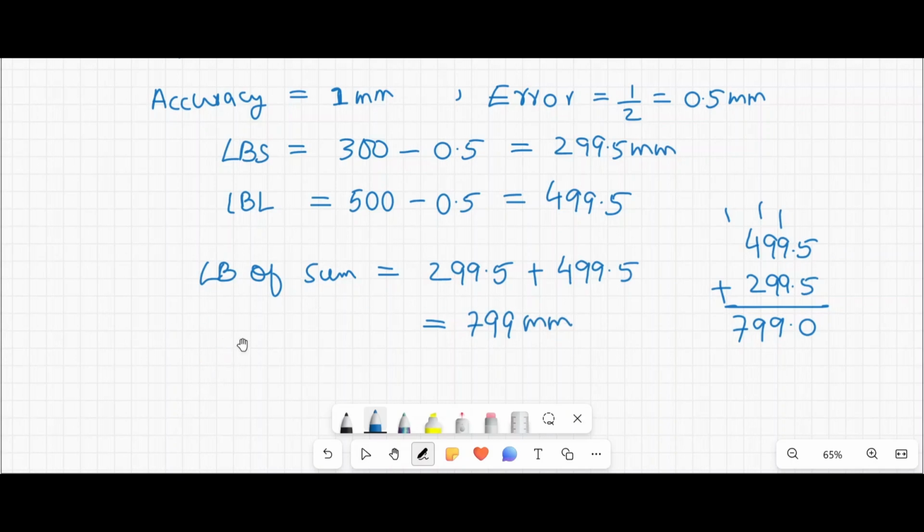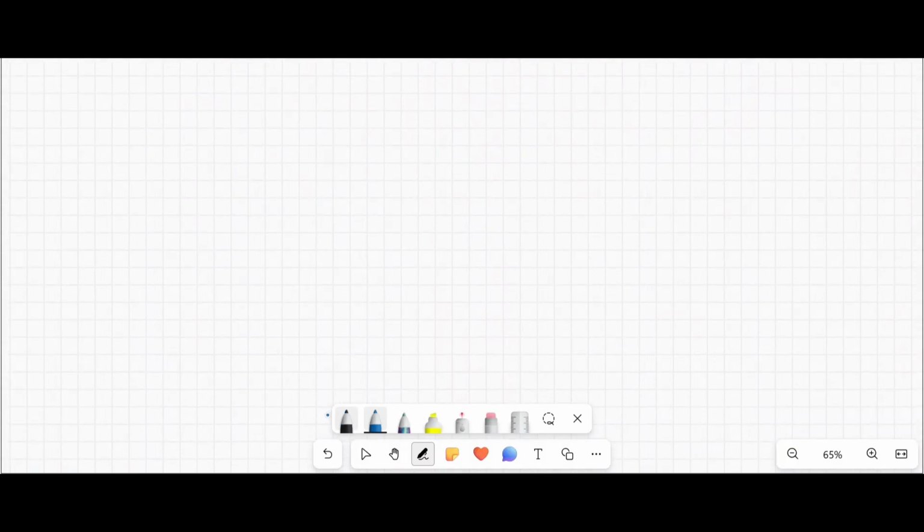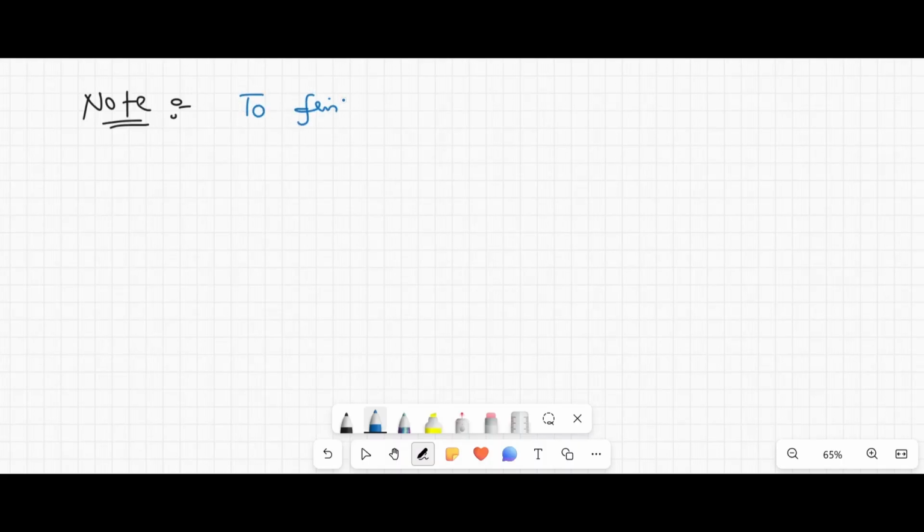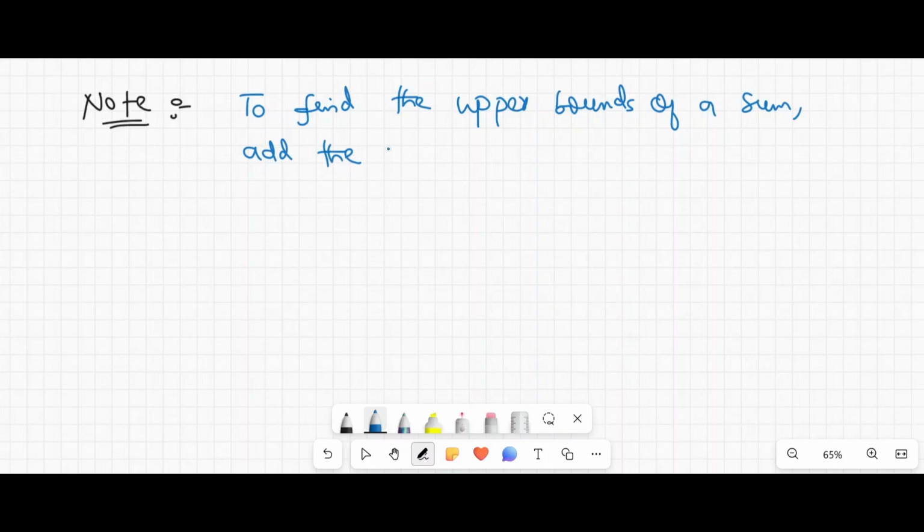So for finding the upper bound of a sum, note that we add the upper bounds.